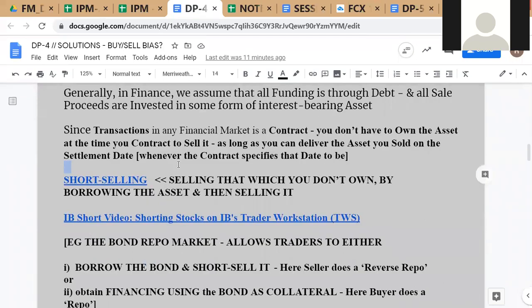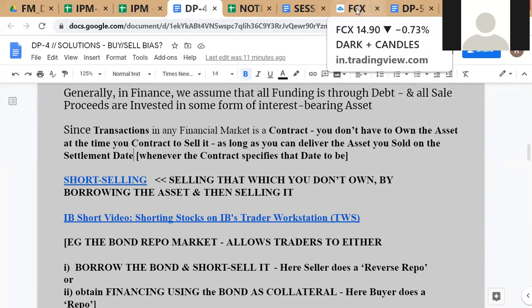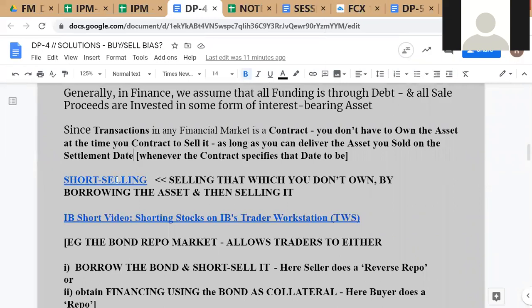So here what we were saying is that we don't have to necessarily own something before we sell it, as long as we can find some way to deliver the asset on the settlement date. If I've sold you FCX, I need not have FCX, but before the settlement date, I should find some way to get hold of some shares of FCX so that I can fulfill my obligations under the contract in which I've agreed to sell it.